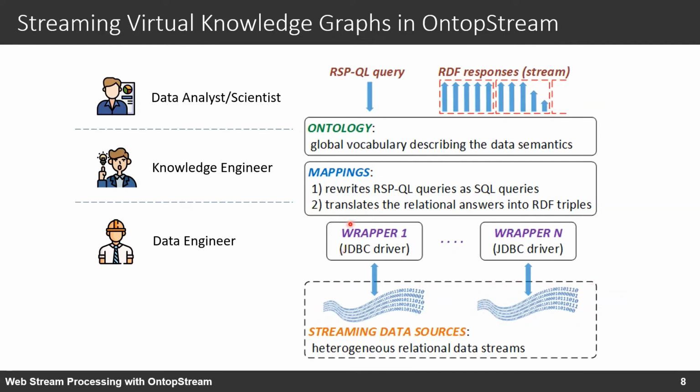So we have a wrapper which takes these Flink SQL queries, pushes the query back to the streaming data sources, gets the data, translates back the results from SQL to RDF, and returns the RDF response to the end user. Maybe in a windowed fashion if a window is explicit in the starting RSP4J query.